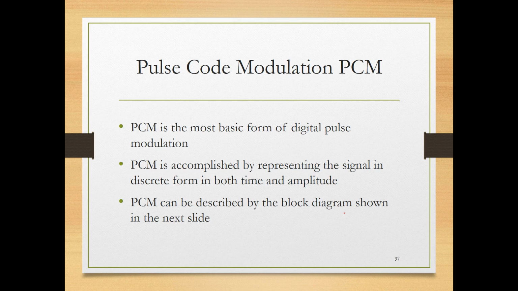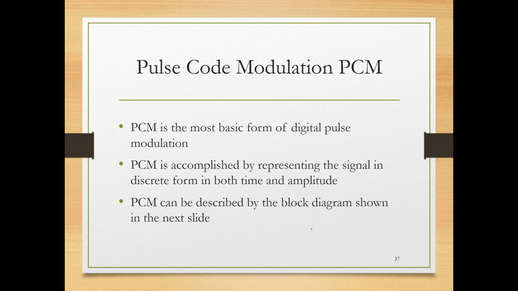Whenever someone talks about digital communication, you have to mention pulse code modulation. It's the basic principle that usually converts analog to digital, from an analog waveform that has continuous values to a digital waveform that has a finite set of values.